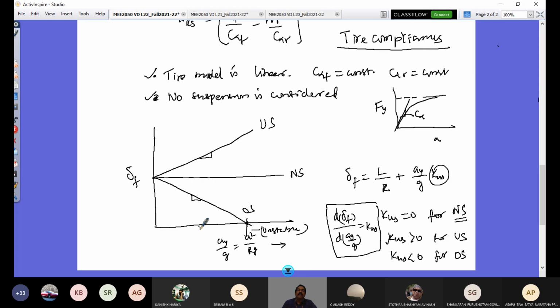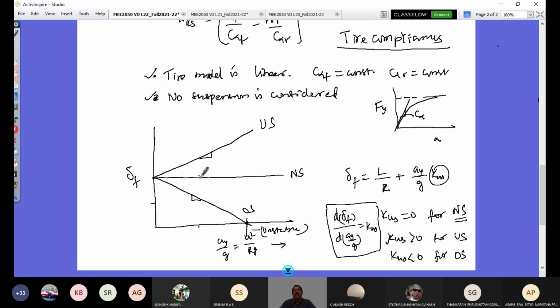So as long as your lateral acceleration falls on this side, you have to have some steering angle requirement, so you give some steering input. If your AY by G is somewhere below this, and that is the corresponding speed of the vehicle, even if the vehicle is an oversteered design, it is under control. You would have to negotiate a curve, but instead of increasing the steering angle, you would decrease the steering angle.